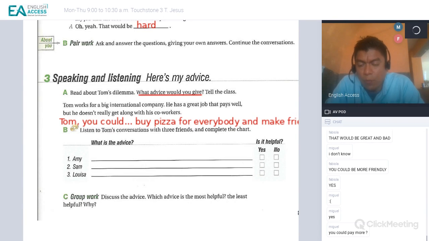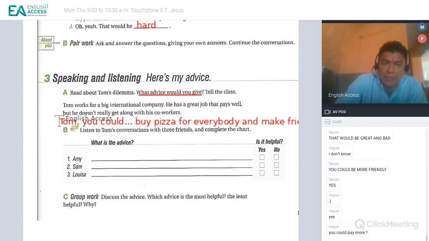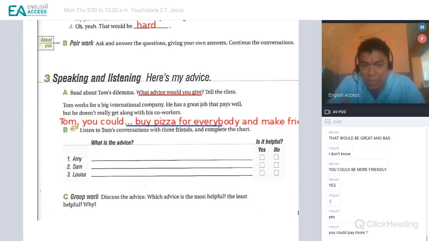Well, he works in a big international company. The problem is that he and his coworkers are not very good friends. They don't get along. So this is an advice so he could become friends with his coworkers. This is advice. Buy pizza for everybody and make friends. Yes? Do you think you can make friends with a person that buys pizza?